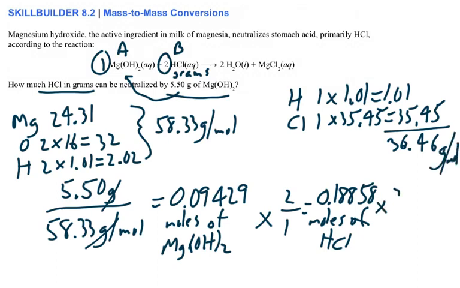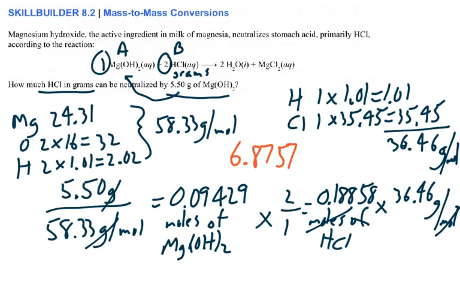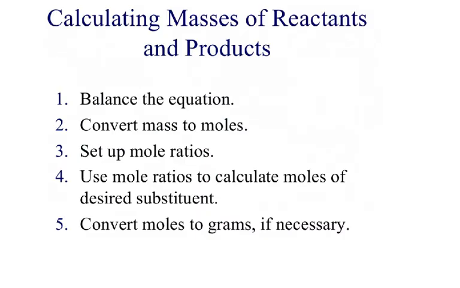So if you multiply by 36.46 grams per mole, the moles cancel, and we're going to round this also to 3 significant digits. You end up getting 6.8757 and change, but when you round it, it'll be 6.88, and it's going to be grams of HCl. And that'll be the answer to this mass-to-mass problem. Again, remember, never use coefficients when you're finding molar mass.